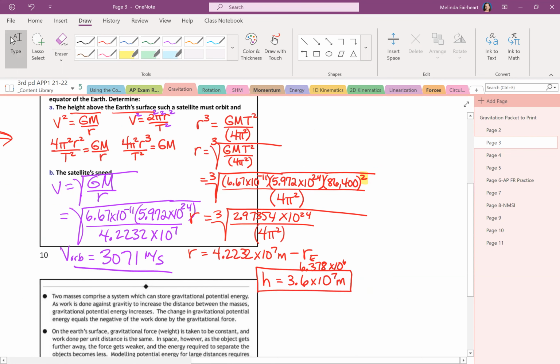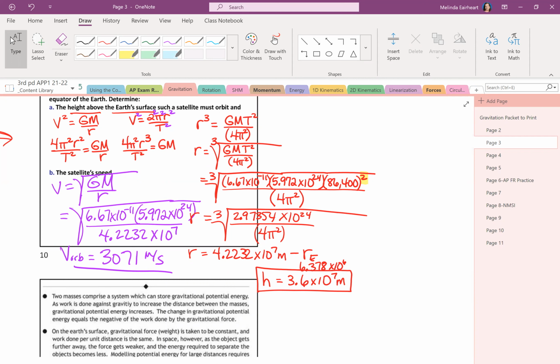For the satellite to remain in the same place, it needs to be at that distance and that speed. What if it goes too far away? It would have to speed up or slow down if the radius got larger. If you have a bigger denominator, that would be a smaller velocity.